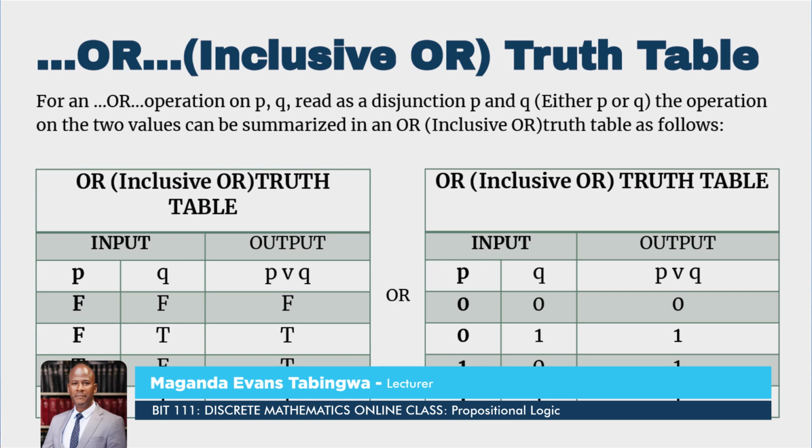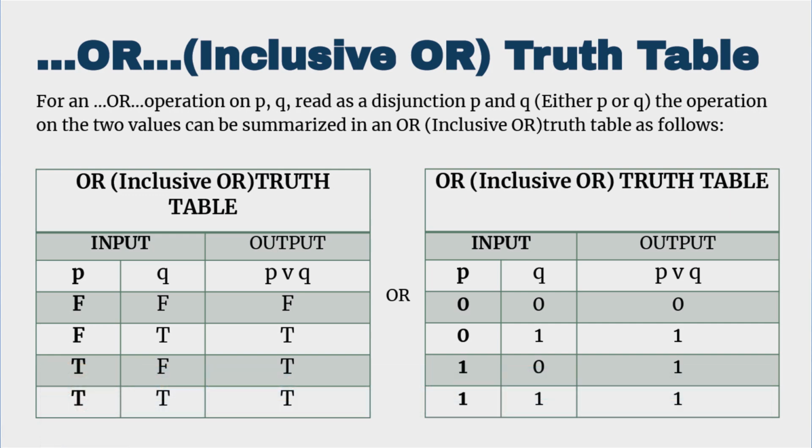In this case, we have variables P and Q. So to find the number of rows in the OR truth table, which is working on P and Q, we say 2 to the power 2, which is equal to 4. So our truth table for inclusive OR will have 4 rows that represent the true and false values.